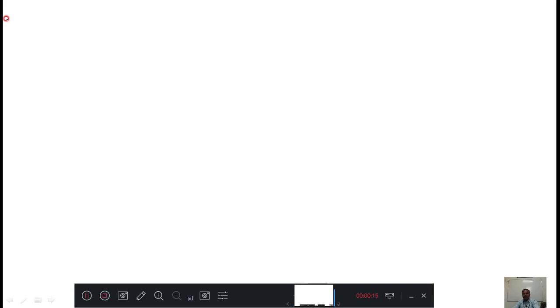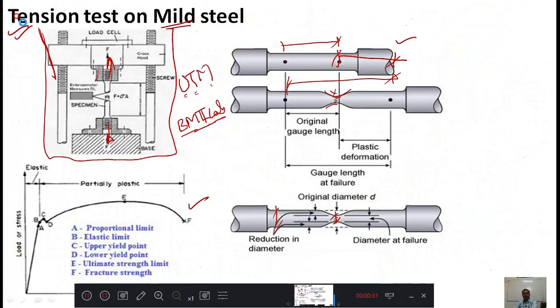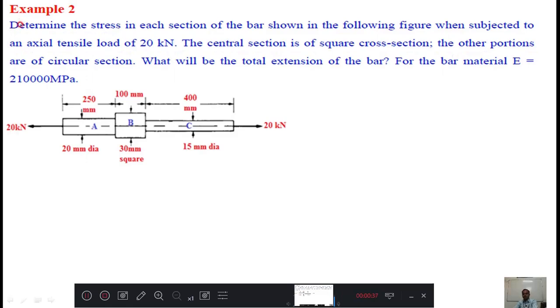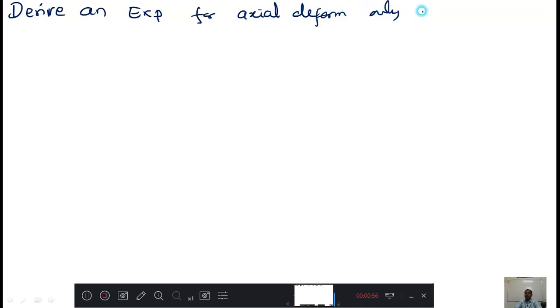You can write the heading as: derive an expression for axial deformation only due to self weight.